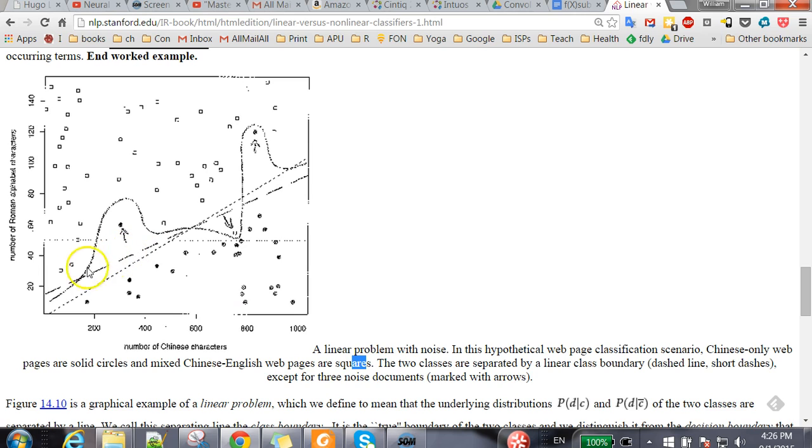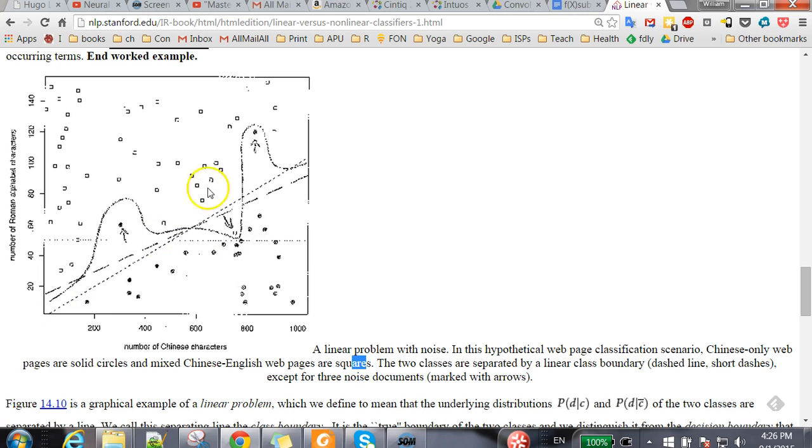So can we draw a line that separates the two classes, the Chinese only versus the mixed? So we might say, okay, how about this line here? But it doesn't work because here's a circle. And so you'd say, okay, well, how about a line up here? But no, that's not going to work because we're going to get some circles and squares. So down, maybe over here, there are no squares.